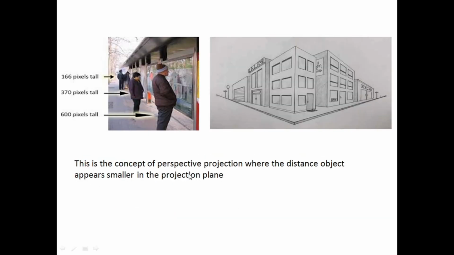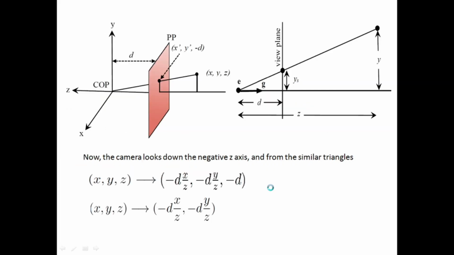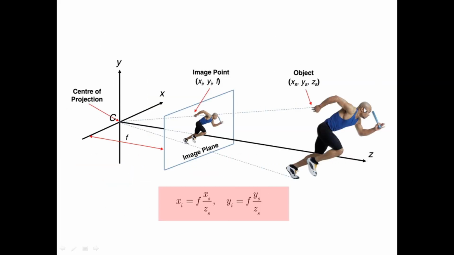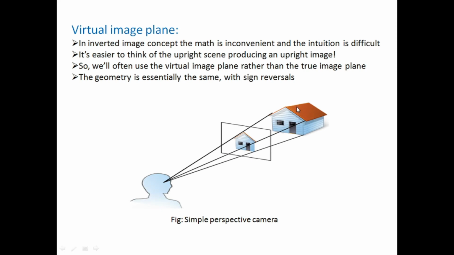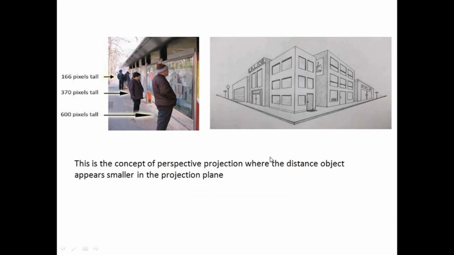This is the concept of perspective projection, where a distant object appears smaller in the projection plane. See here, this is my distant object and this is my camera lens. In the projection plane, this object becomes smaller, and here also this object becomes smaller.